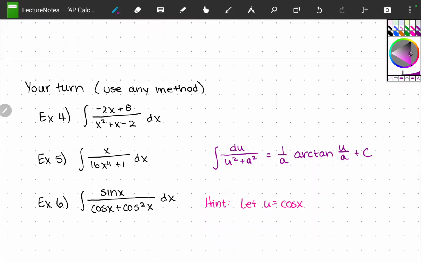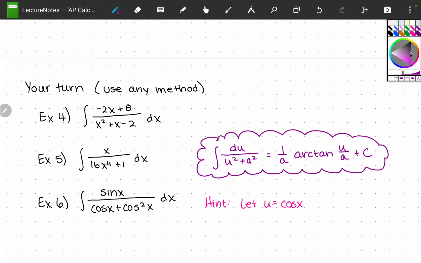So if you take a look at this problem, a good sign that you're going to use arctan, it's not definite because your numerator also matters, but is that the denominator is the sum of 2 squares, and this denominator is the sum of 2 squares. So see if you can remember how to do this problem using that.